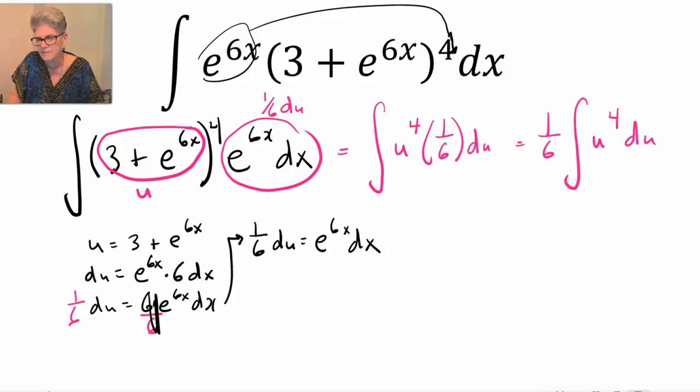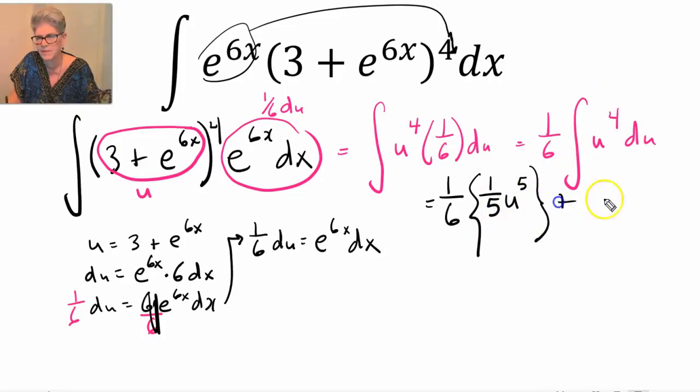Okay, now it's a simple application of the power rule in that the integral of u to the 4th is going to be u to the power of the original exponent plus 1, and then out the front times 1 over the original exponent plus 1, and then plus a constant.